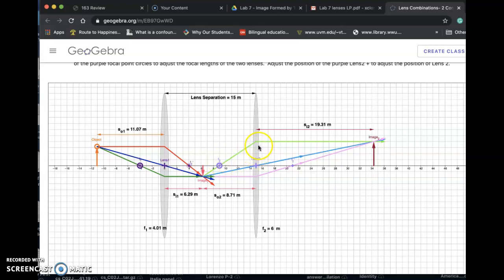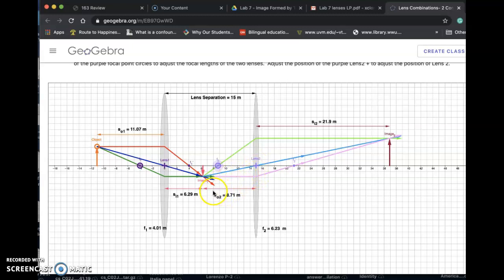Now, I will admit the second focal length is a bit off. You can fix it ever so slightly.